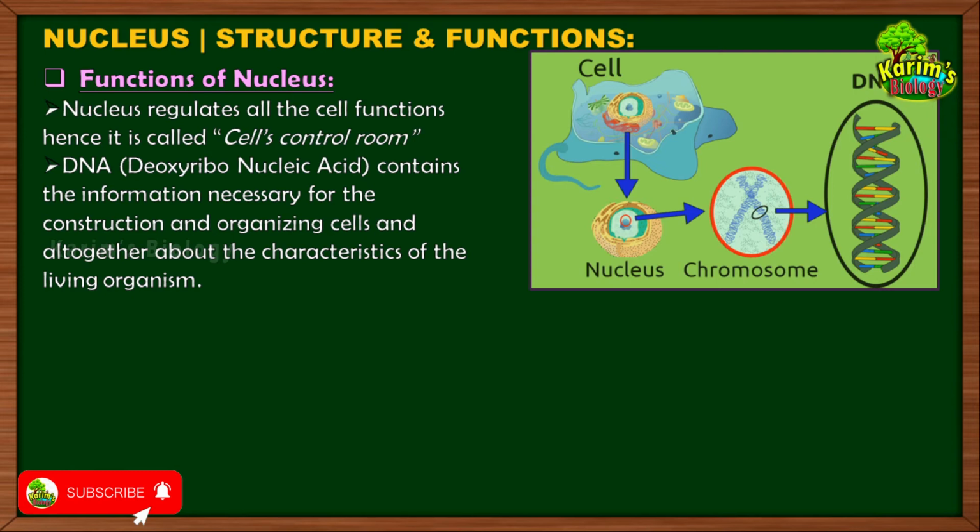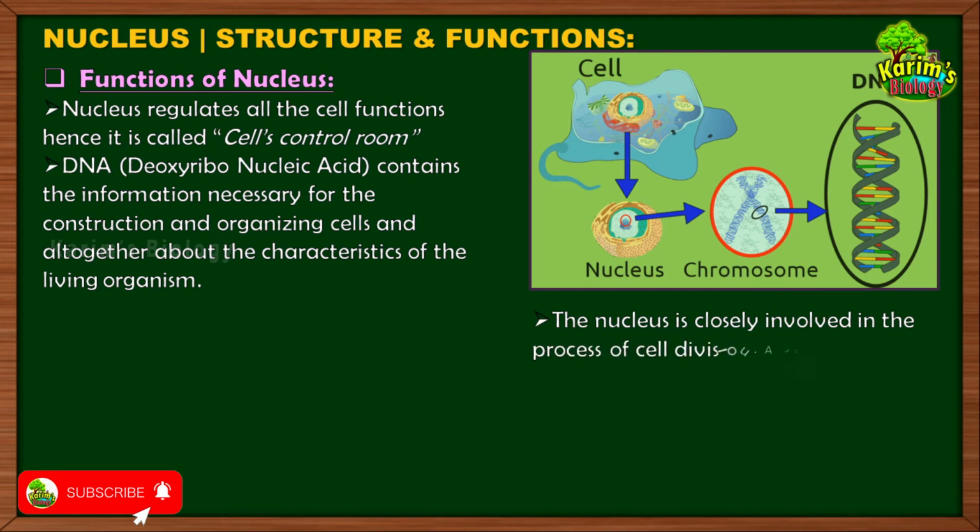The DNA contains all the information regarding how the cells should be, what is present in the cell, how an organism should be, what are the characters that an organism should possess. All that information is present in the DNA. How that information is present and how it is transferred, you will be learning in your higher classes. So that's about the importance of DNA.